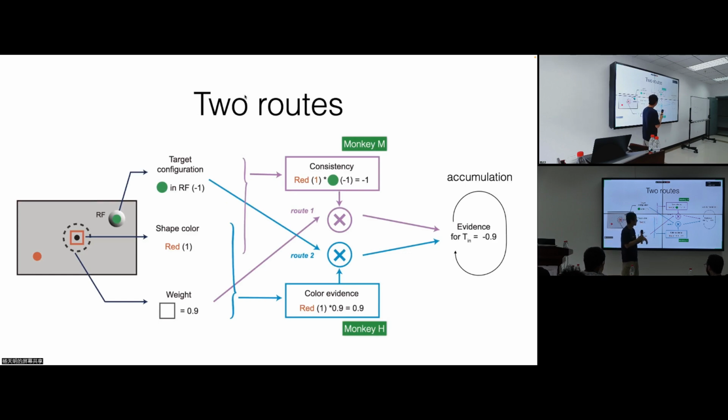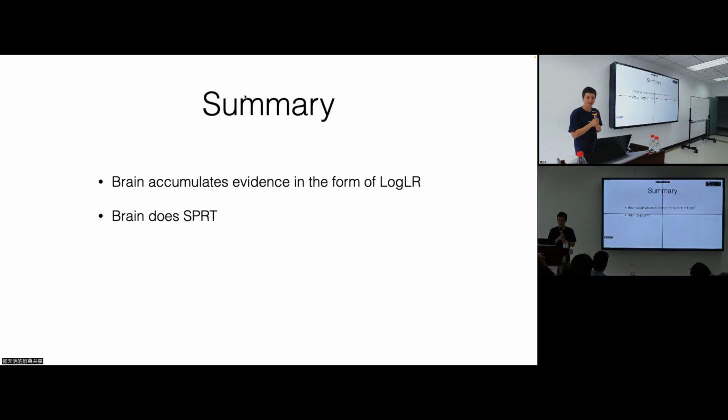And you can examine the neurons to find out how exactly they compute this evidence. That's not possible just from the monkey's behavior, because in the monkey's behavior, all you see is the monkey using accumulated evidence to make decisions. So only from the neurons do you know how the monkey actually calculates their decisions.